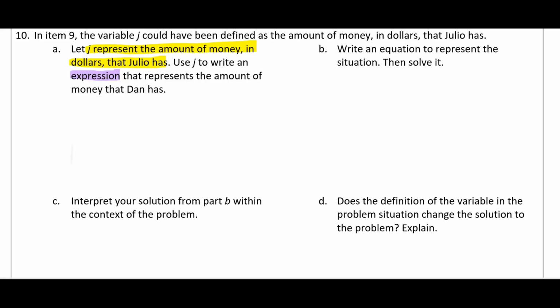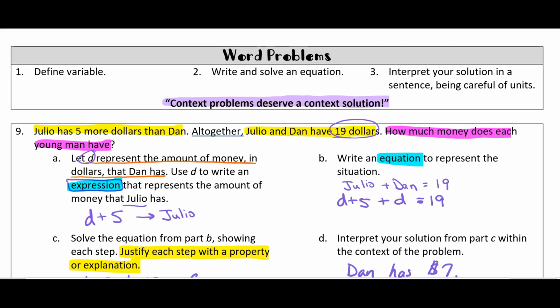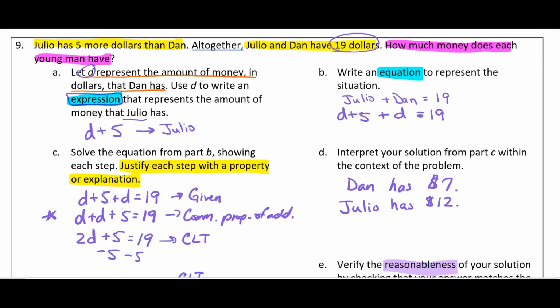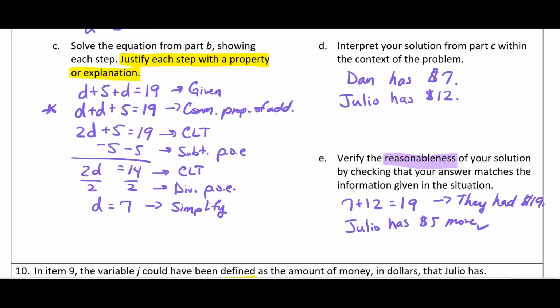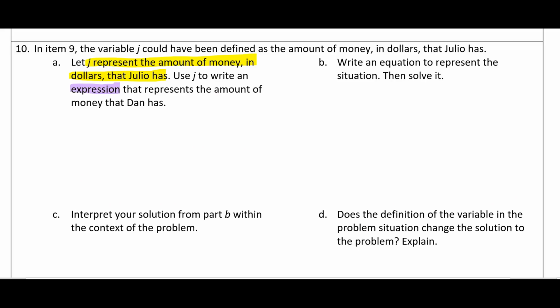So we're going to go back up here to number 9 and look. Julio has $5 more than Dan. So that's what we're going to use to write our expression. Julio has $5 more than Dan.